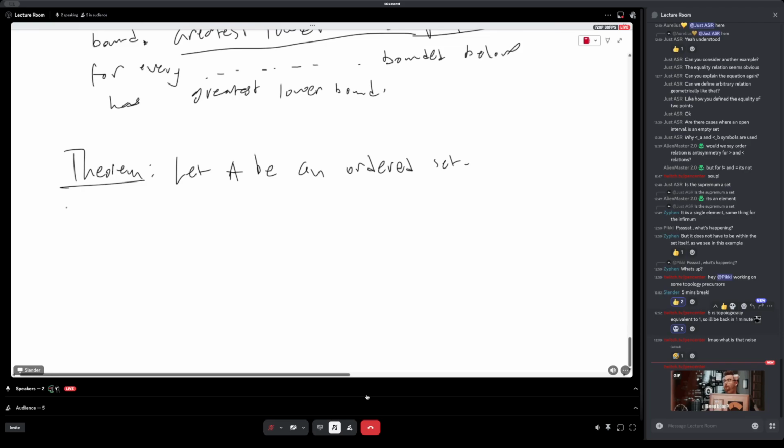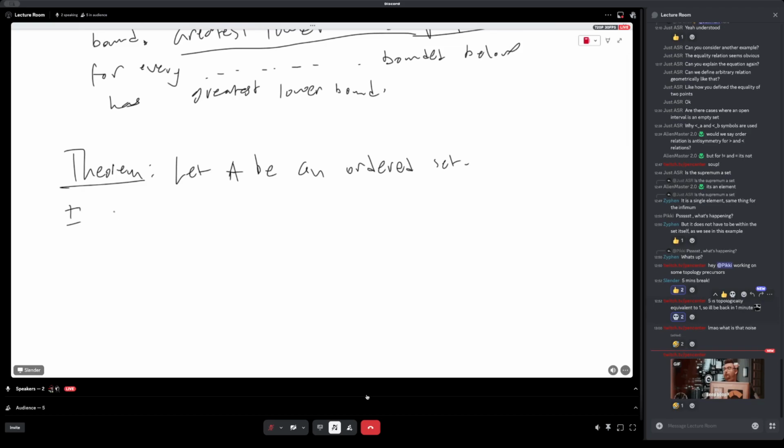So if A has the LUB property, meaning least upper bound property, then it has the GLB property, greatest lower bound property.